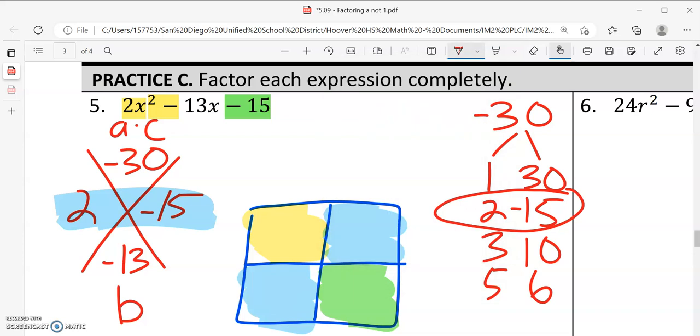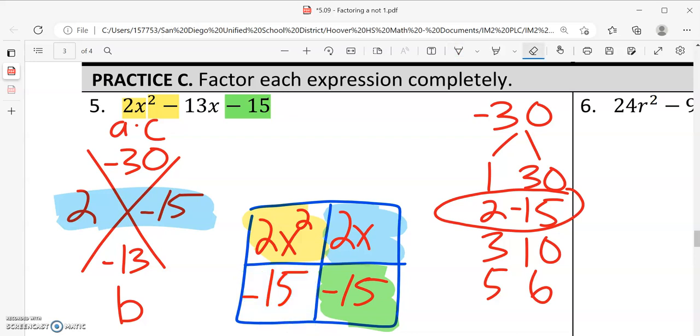So let's fill it in. 2x squared is there. Negative 15 is here. And our numbers are here with a variable behind it, with an x. Okay.